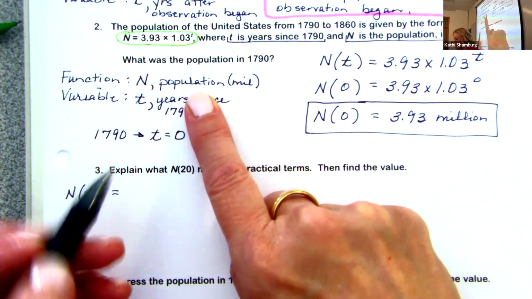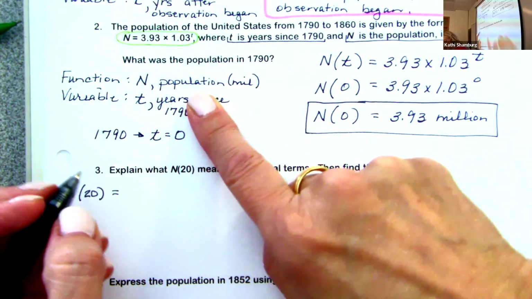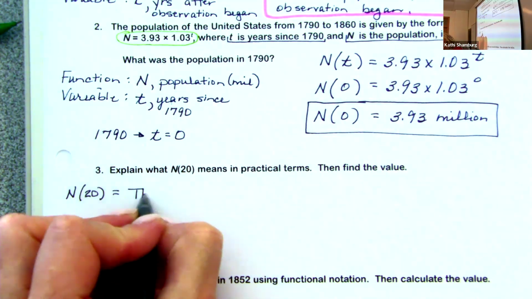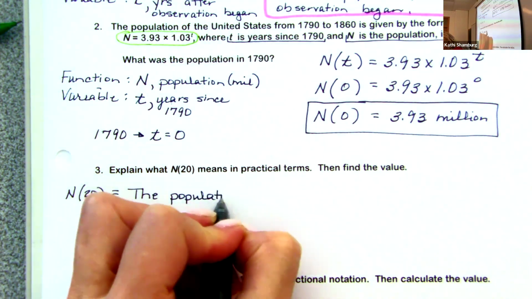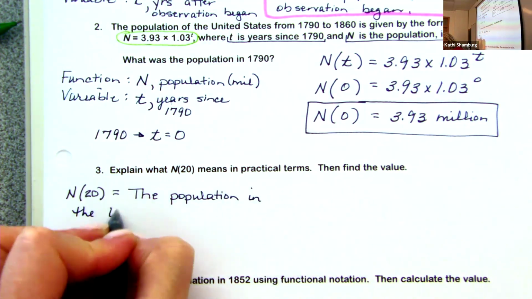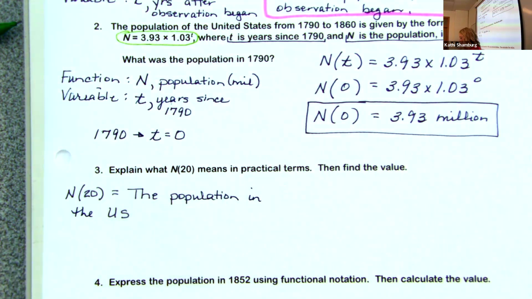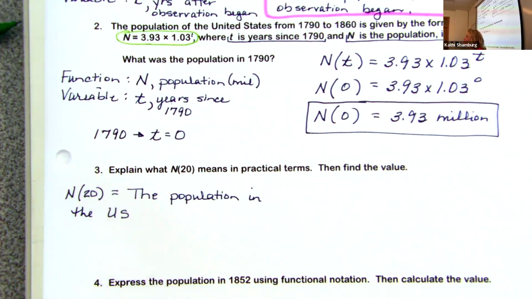I'm going to be a little more specific: population in the US. So I'm going to start my explanation and say the population in the US. What would 20 mean? 20 years since 1790.